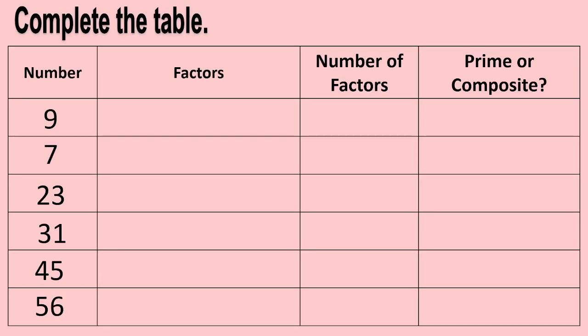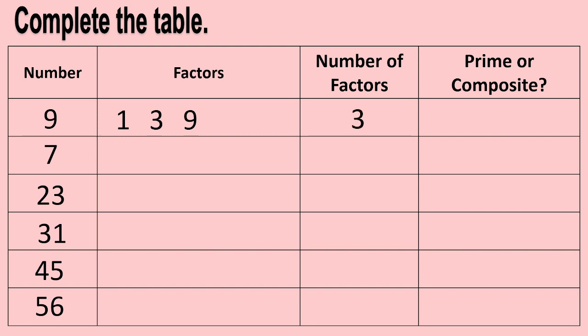Let's answer this. Complete the table. We have number 9. The factors of 9 are 1, 3, and 9. The number of factors, 3.